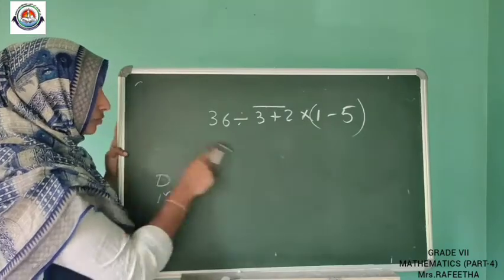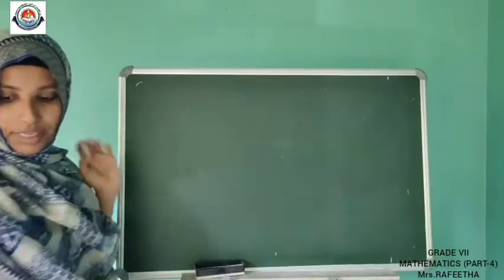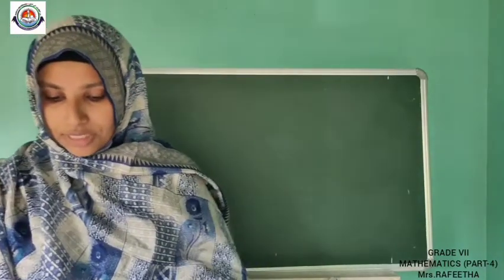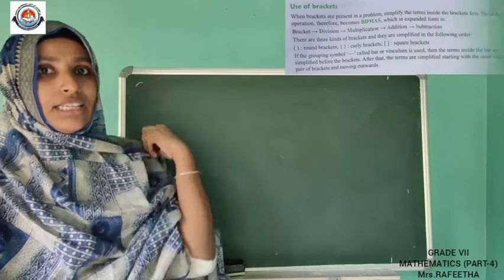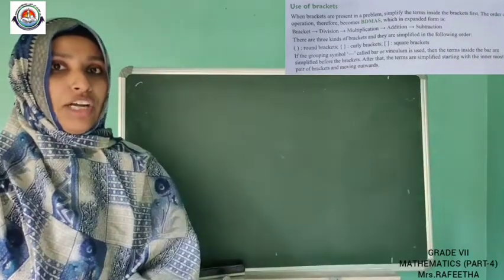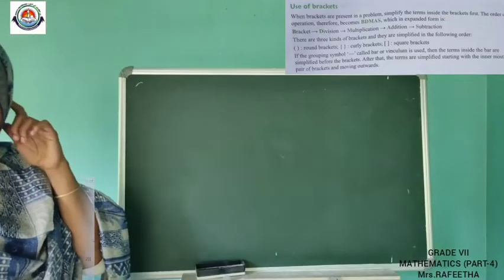Okay, so we can do such questions. That is exercise 1.3. Before that, in your textbook itself, see this use of brackets. You should read this carefully and note down the important points in your notebook. Okay, so we can do the next question. Exercise 1.3.